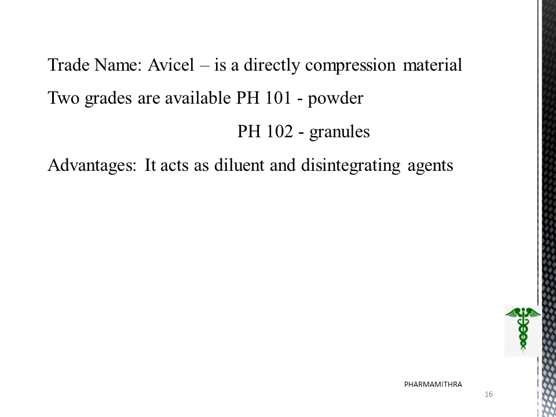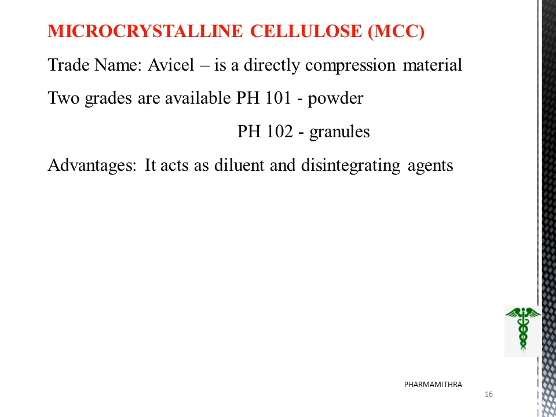If asked what is avicel, it is a diluent, and it is also a disintegrating agent. So avicel is a diluent as well as a disintegrating agent, and it is used in direct compression. Avicel is otherwise known as microcrystalline cellulose.